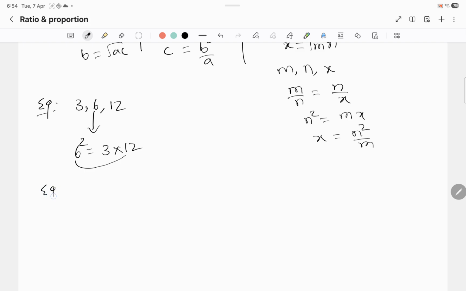Or otherwise, the mean proportion of 25 comma 16. Then the mean proportion of 25 and 16 is root of 25 into 16, which is 20.